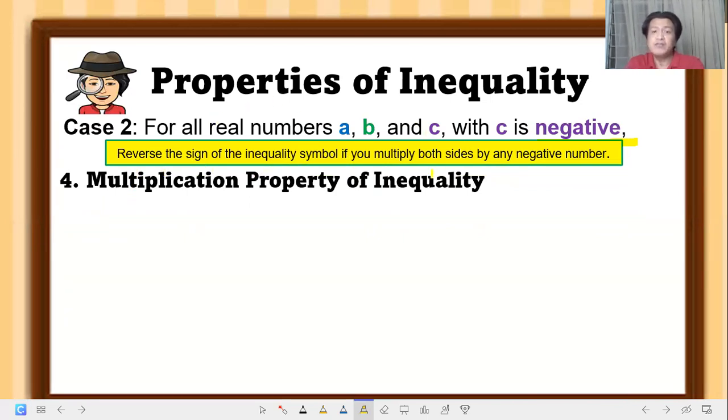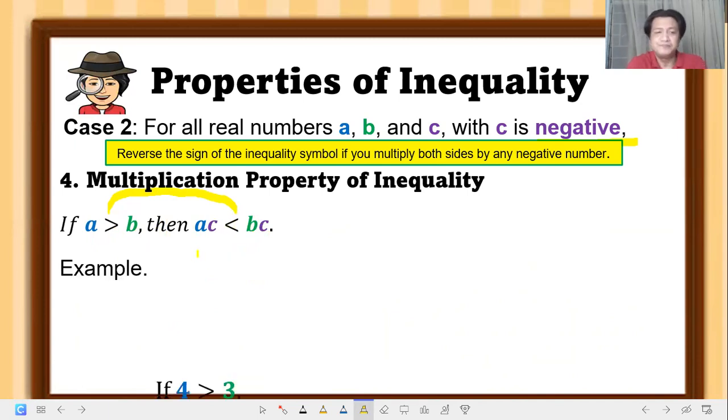And then, if you multiply both sides of the inequality by any negative number, okay? The rule is simply, if A is greater than B, then, kung mapapansin mo, nag-reverse ako ng sign. From this, A is greater than B, naging less than na siya. Because the C here, yung number na minultiply ko dyan, is negative. Kaya nag-reverse po siya ng sign. Yun yung ibig sabihin ng rule number 2, case 2 yon.